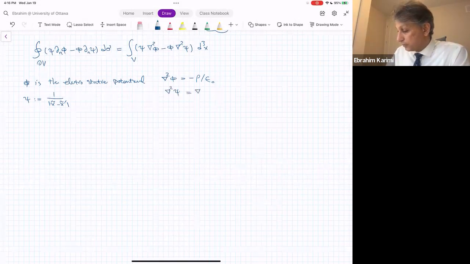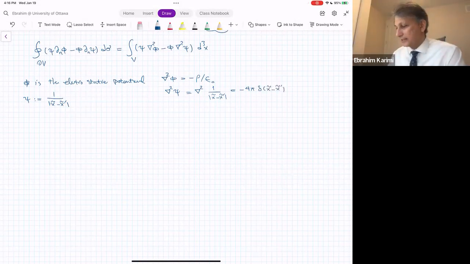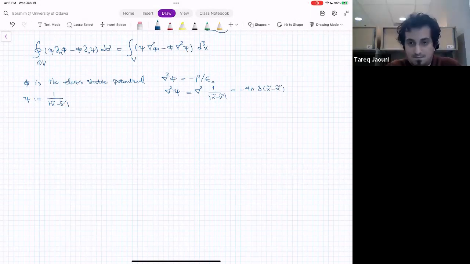Which means that you have the Laplacian of 1 divided by the magnitude of x minus x prime. What was the value, Tarek? Minus 4 pi delta of x minus x prime. Exactly, exactly. Beautiful.